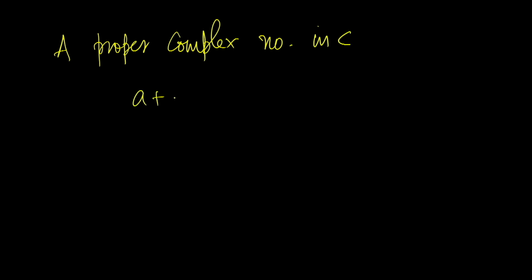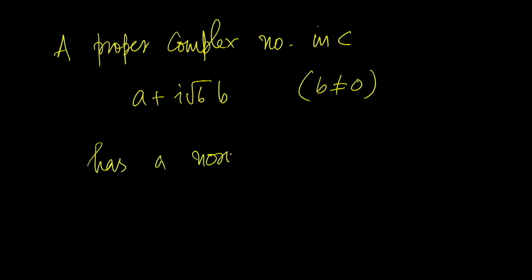And a proper complex number in C, which means in this b is not equal to 0, has a norm greater than or equal to 6. So, even if b equal to 1, the i root 6 b part will contribute 6 to the norm. So, norm will be greater than or equal to 6.